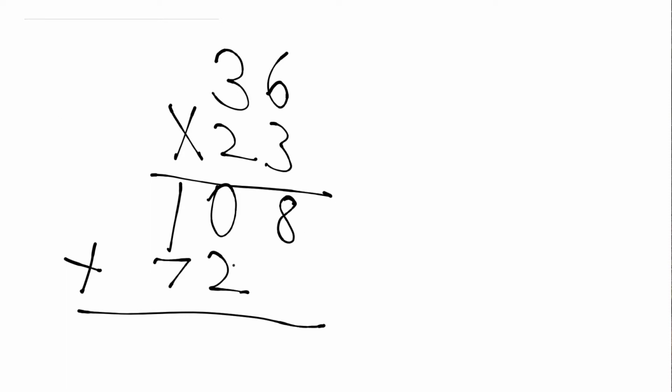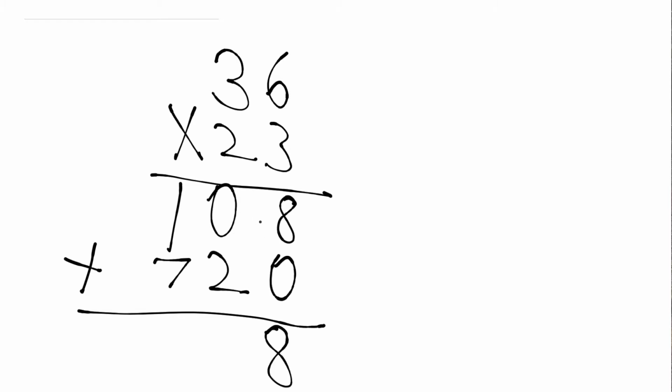And now we just have to add these. Since there's nothing here, we can just imagine it's a 0. This is an imaginary 0 right here. So 8 plus 0, or nothing, or 0 in your imagination, is 8.